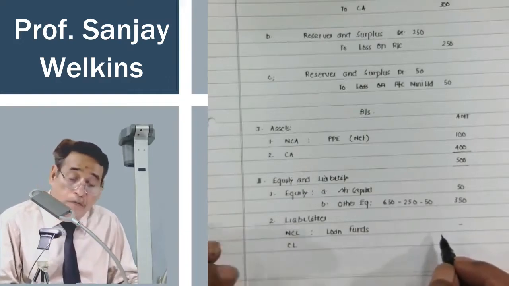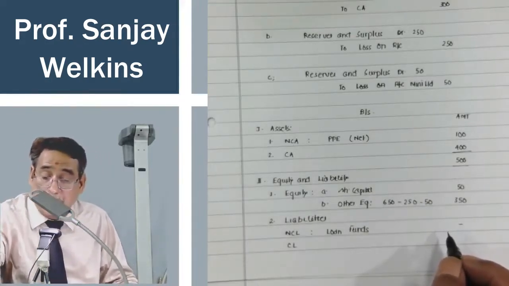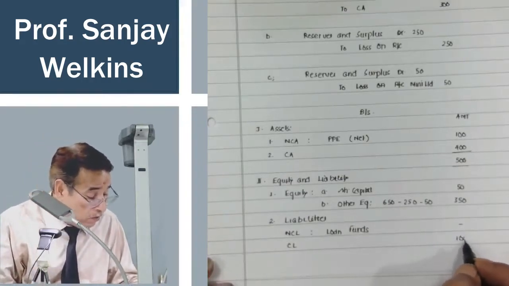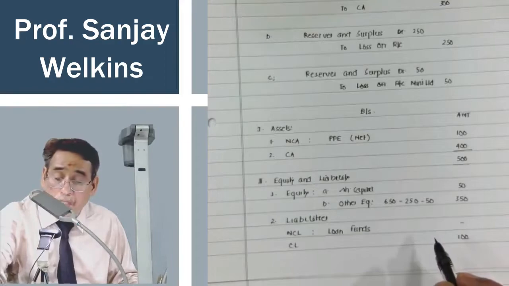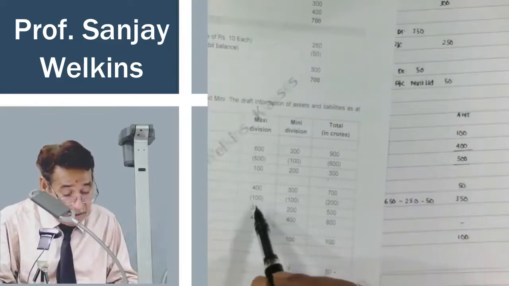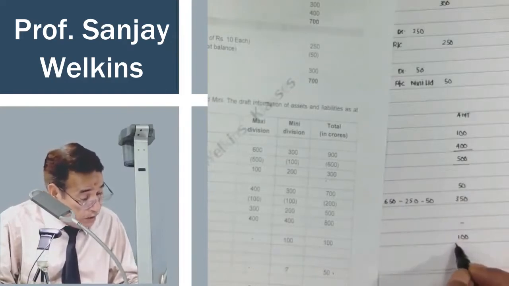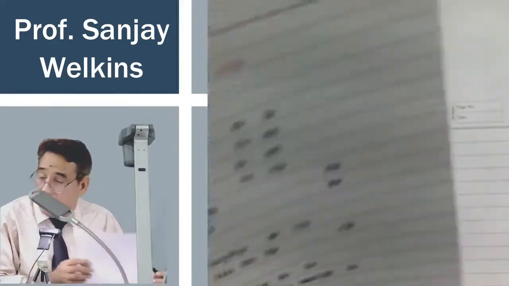Current liability of Maxi division, which is still with us, as per the question is 100. So I will write here 100. So 400 plus 100, that is 500. So 500 will become the total of your balance sheet. So this sheet I need not require now.